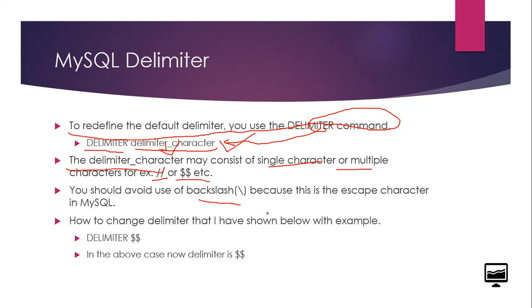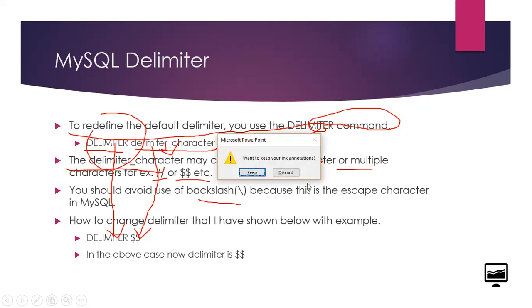You can get more information by googling it. So how to change the delimiter? As I said, you first write delimiter, then the delimiter character. In our case, double dollar is the new delimiter. So I am going to explain it via example.